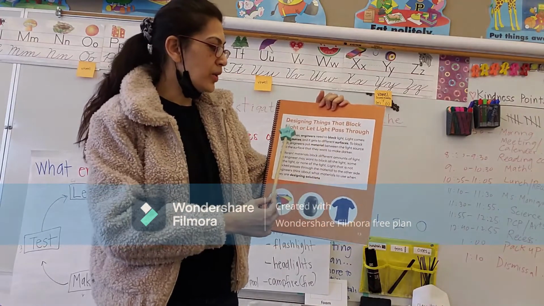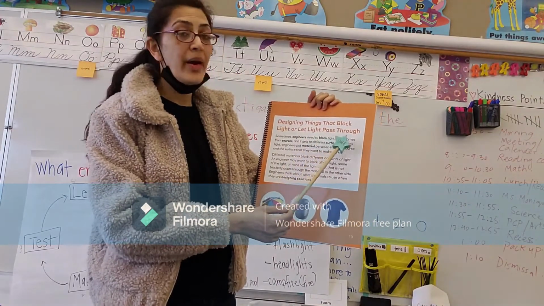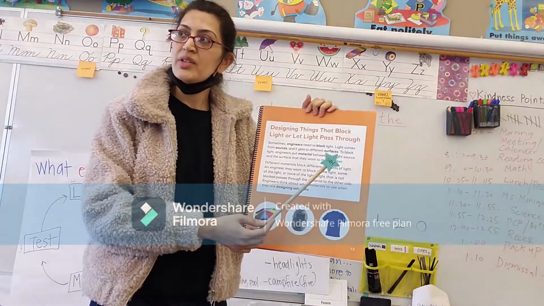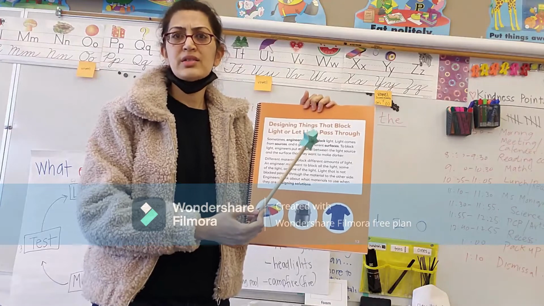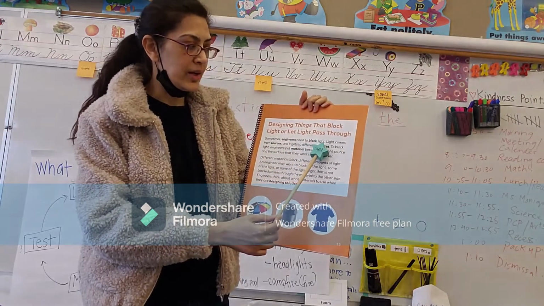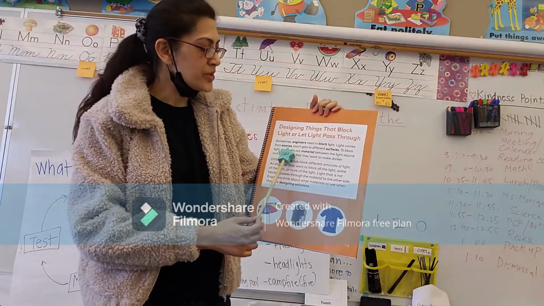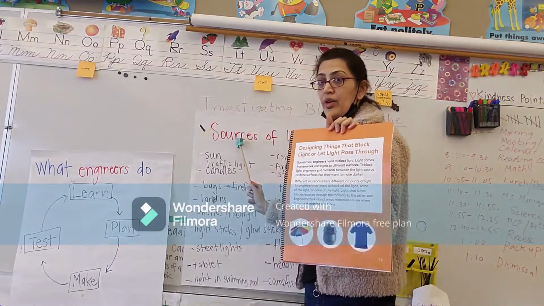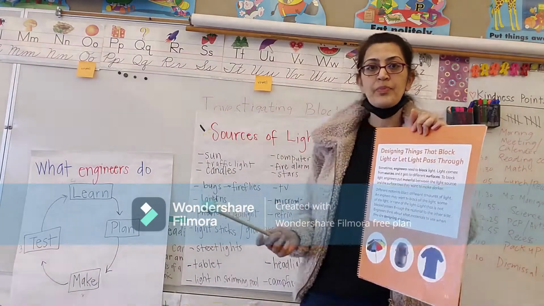Light can pass through some materials, and it does not pass through certain materials. Sometimes engineers need to block light. Light comes from sources, and I already discussed the different sources over here.